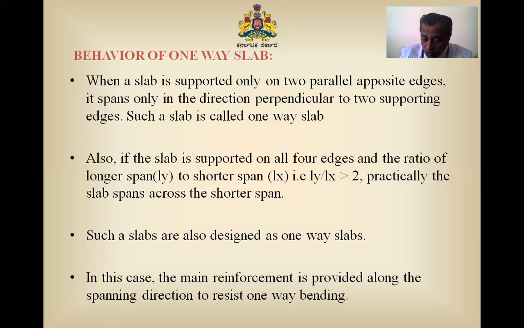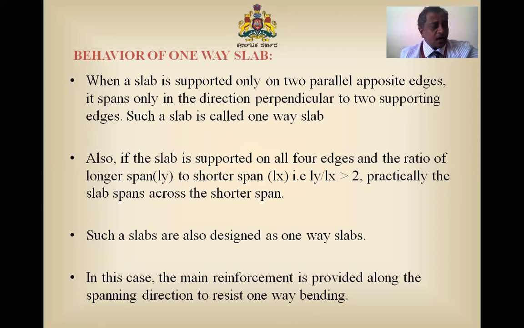It is exceeding 2. In this condition we need to design the slab as a one-way slab, where the span to be considered is the shorter among those two spans. These above two slabs are to be designed as one-way slab.